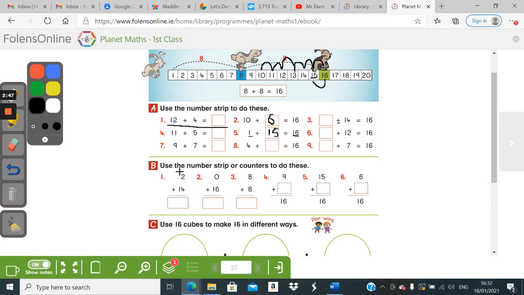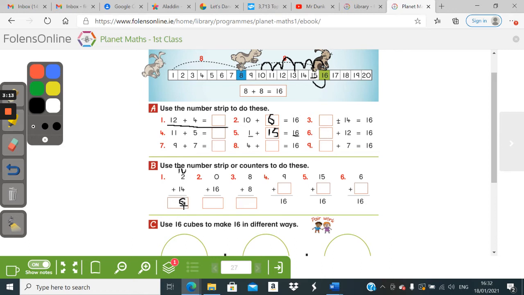By that, I mean that, for example, here we have the 2 and the 14. The 2 would be a unit, and the 1 out of the 14 would be a 10. So 2 plus 14, the answer is 16. But when I'm writing 16 in, what I want to do is keep all my units in a straight line.